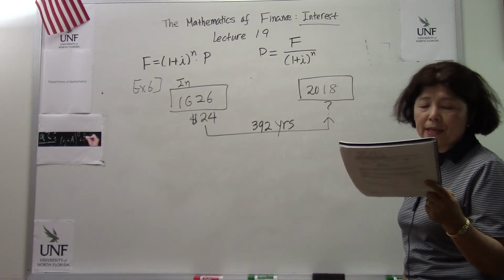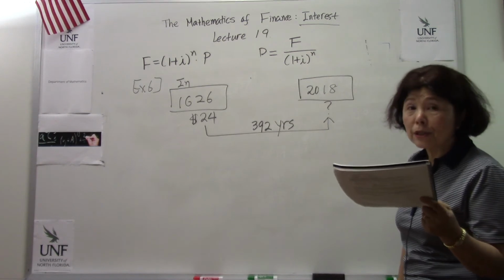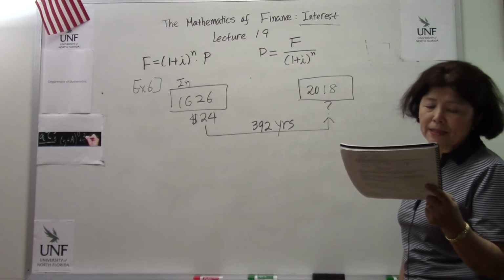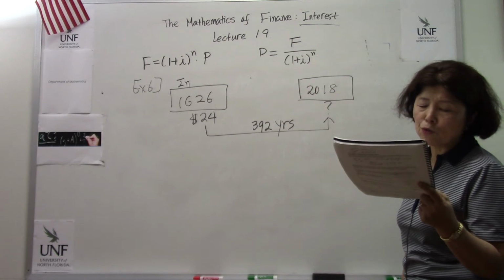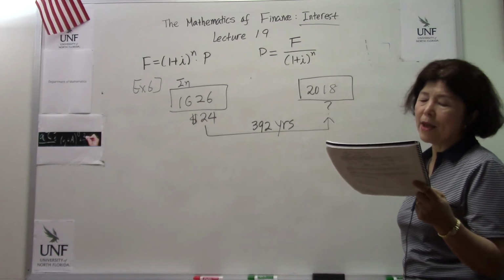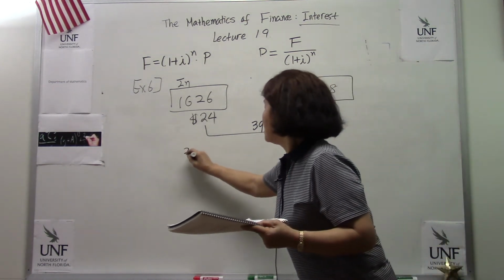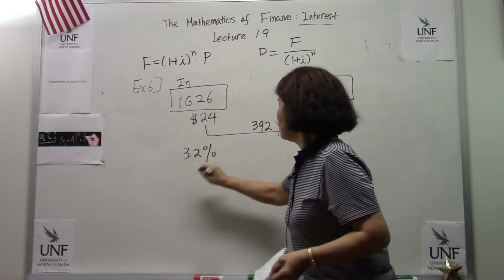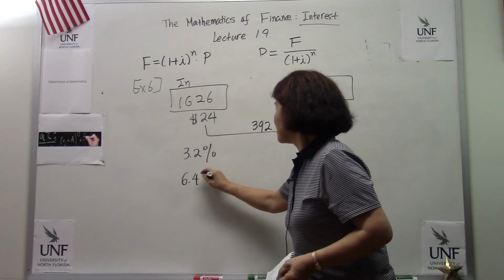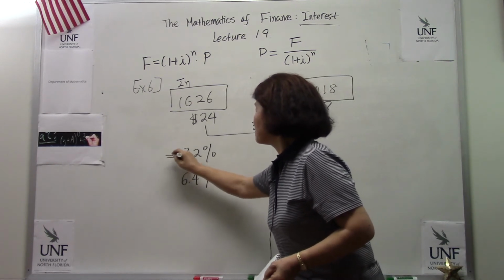The next one is where the interest rate is doubled: 6.4% interest compounded quarterly. What is the value of Manhattan Island? You are going to compute at 3.2% and 6.4%.